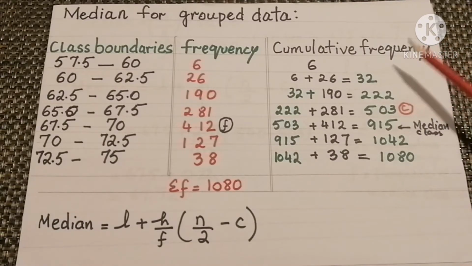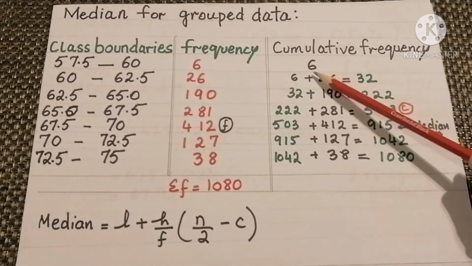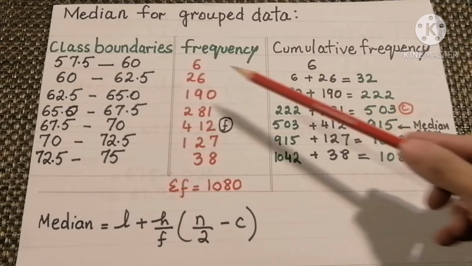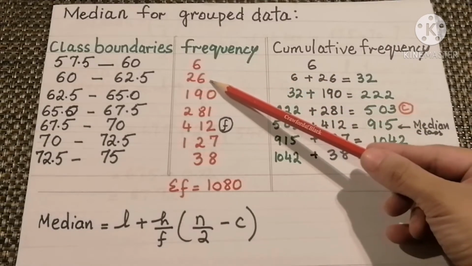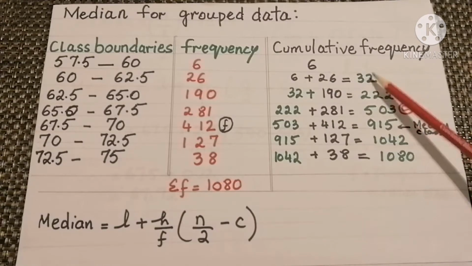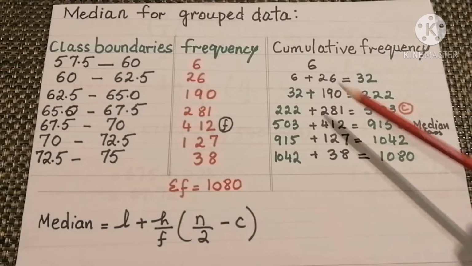Now cumulative frequency is calculated as we write the first frequency as it is, then we add the first frequency with the second one, then we add the total of it to the third one, and similarly so on.